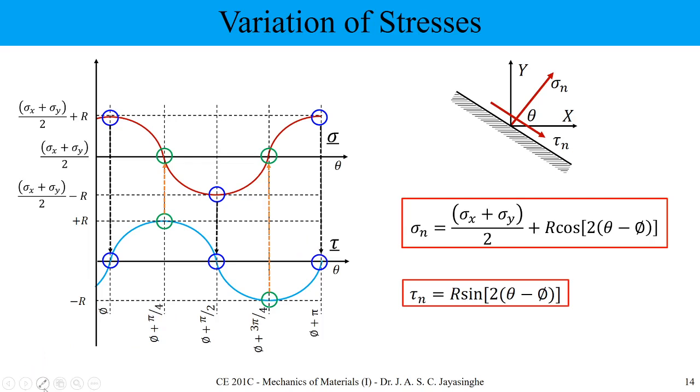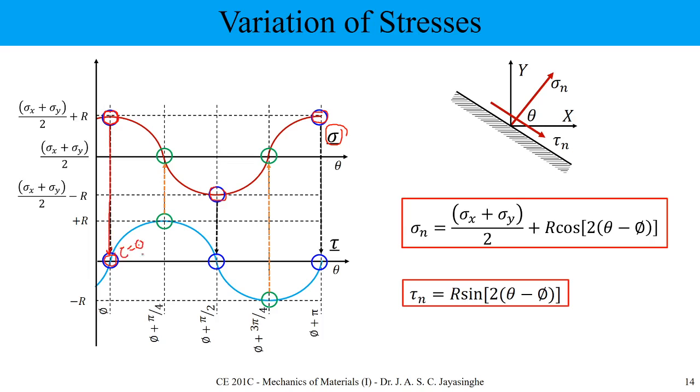Coming to here, with the pen, we can see the maximum and minimum points of this normal stress variation. When we see the maximum, there is a very important thing: we can see the shear stress going to 0.